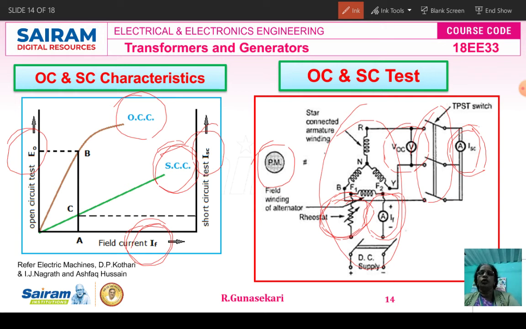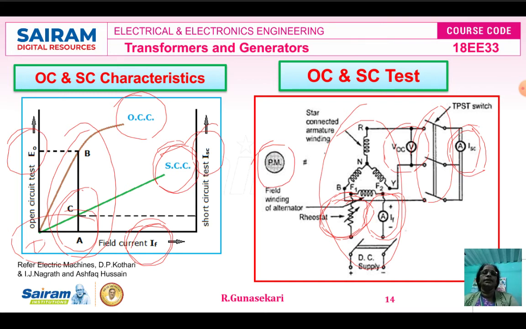Now AC represents the short circuit current under the short circuit test. AB represents the open circuit voltage under the open circuit test. OA represents the field current, which is the same for both the rated voltage under the open circuit test and the short circuit current under the short circuit test.